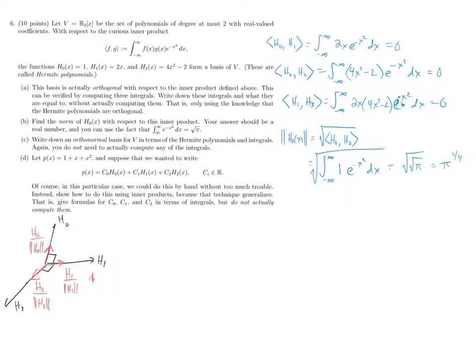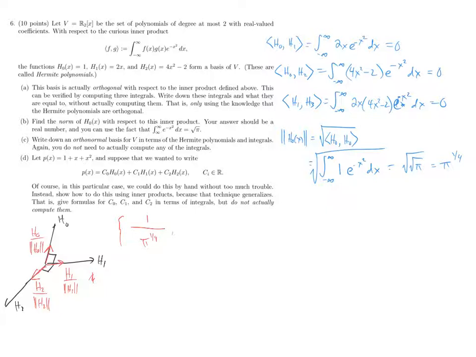So your basis is going to be, first, 1 divided by the norm of H naught, which you've already computed, which is pi to the 1/4.